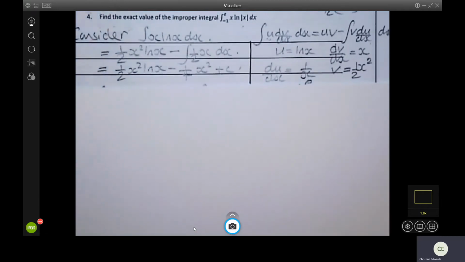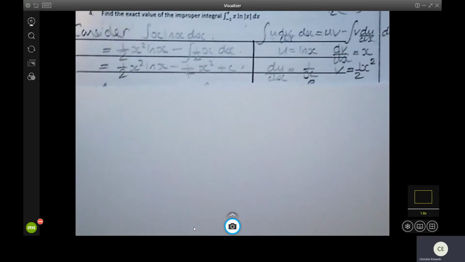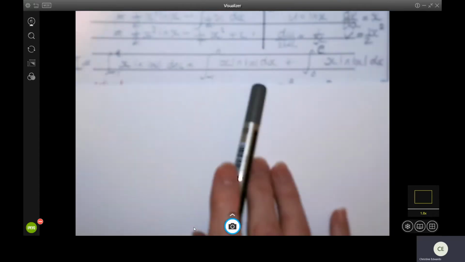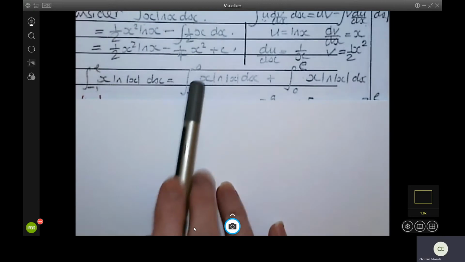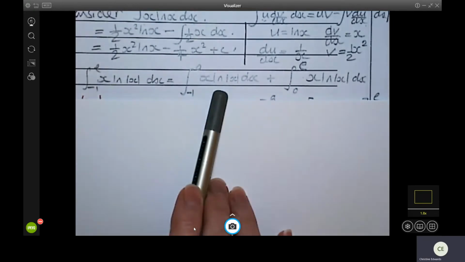I'm then going to come on and consider the improper integral and the limits. So this time I'm going to keep all the working on one line. So I've got the integral split at the value 0 because it is the 0 that causes this function to be undefined.